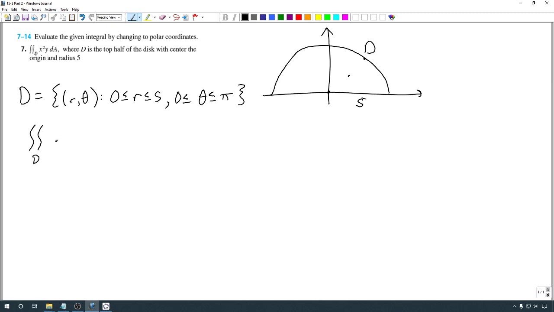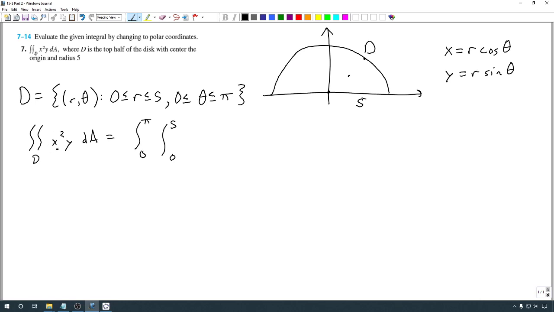So the double integral over D of this function. We put the theta values first. We're going from 0 to pi. Then we put the r values from 0 to 5. Now we do have to go ahead and replace x and y with our formulas. So remember our formulas here are x equals r cosine theta and y equals r sine theta.